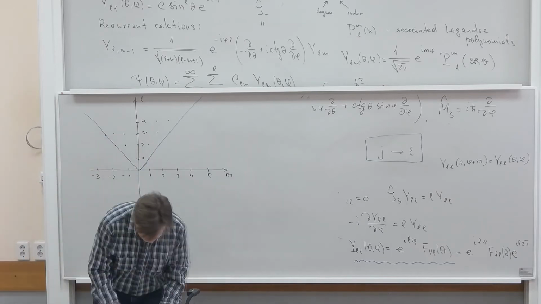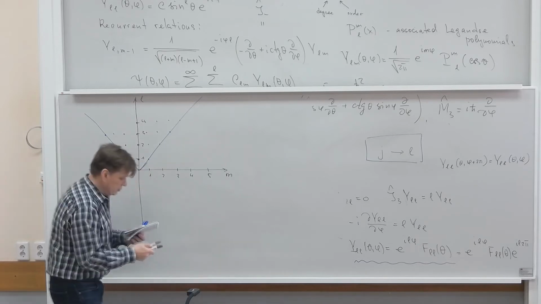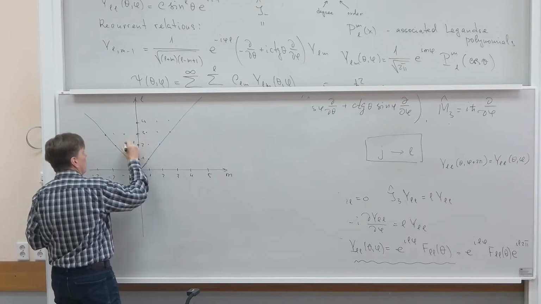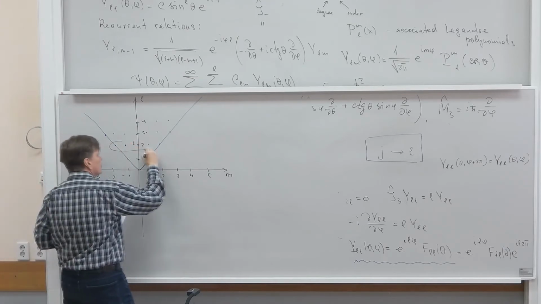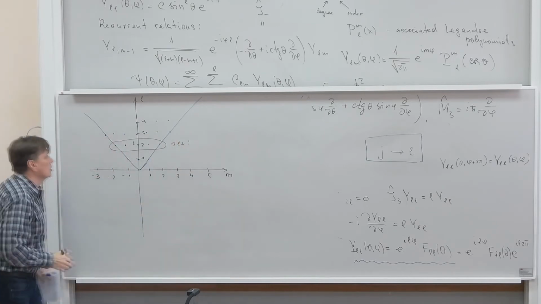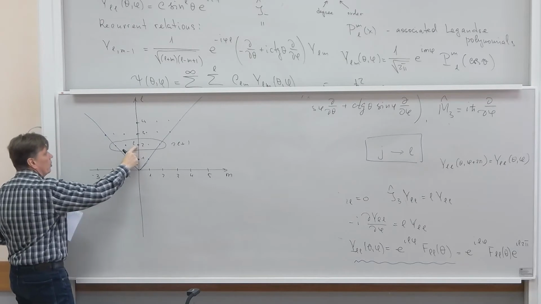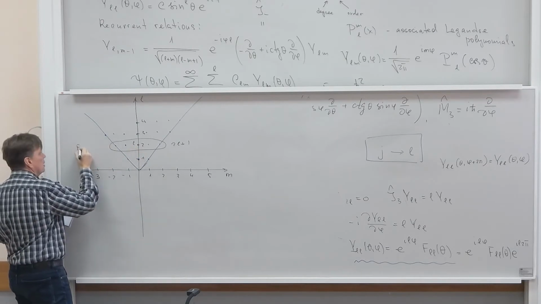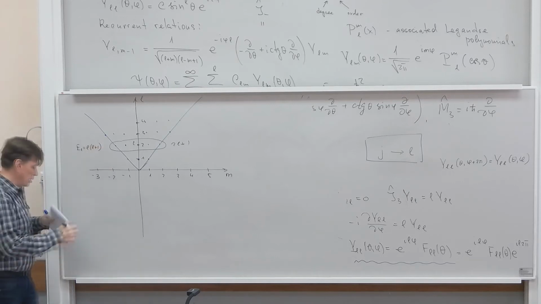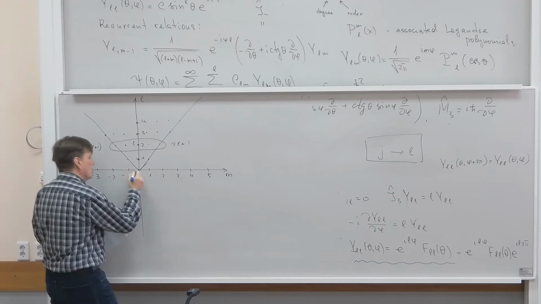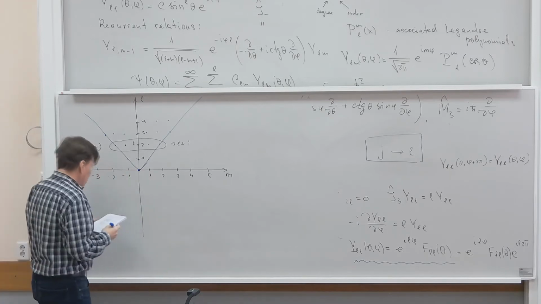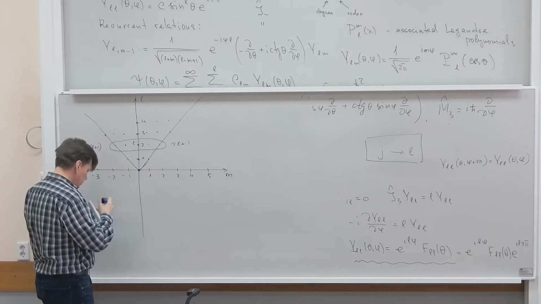So for a given number L, we have 2L plus 1 states belonging to the corresponding value of energy, E_L, which is equal to L(L plus 1). And the origin corresponds to the ground state.